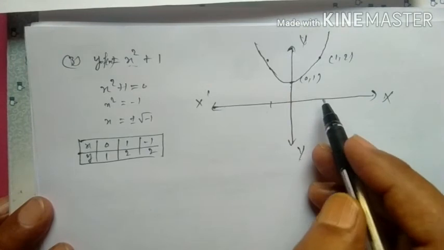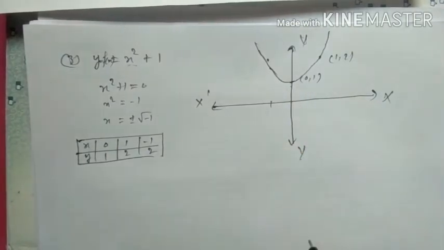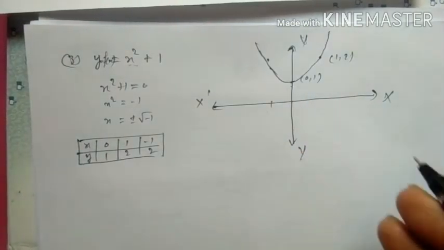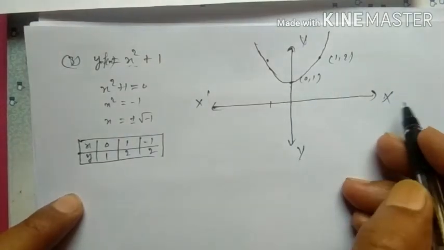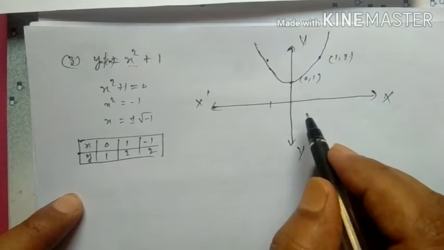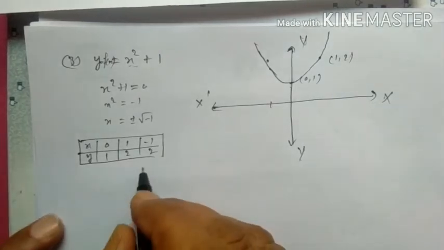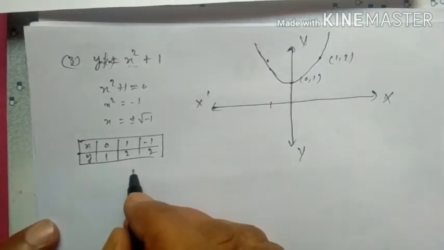This graph is above the x-axis, the graph doesn't cut the x-axis, so there are no zeros here.